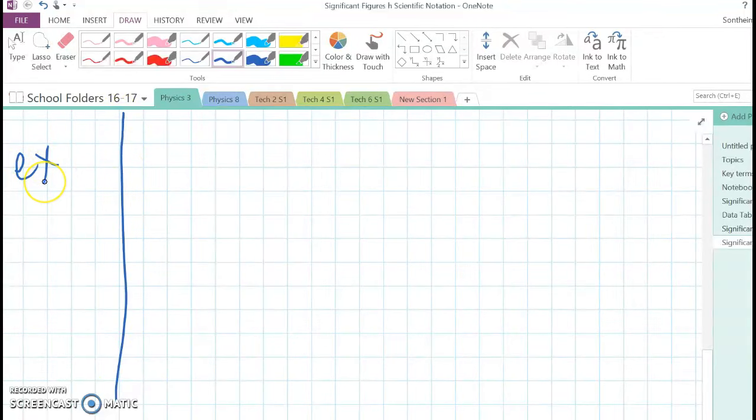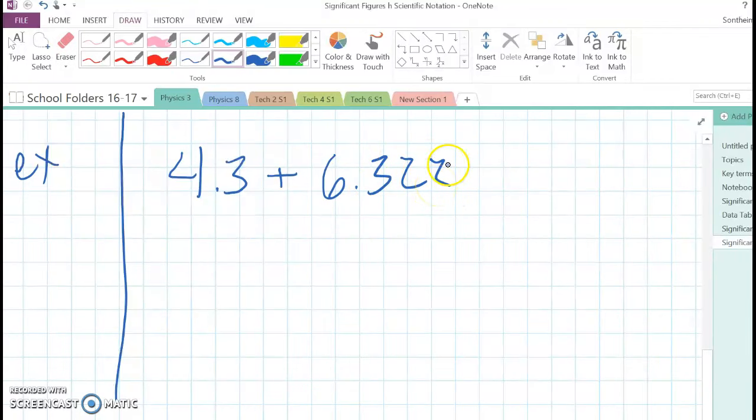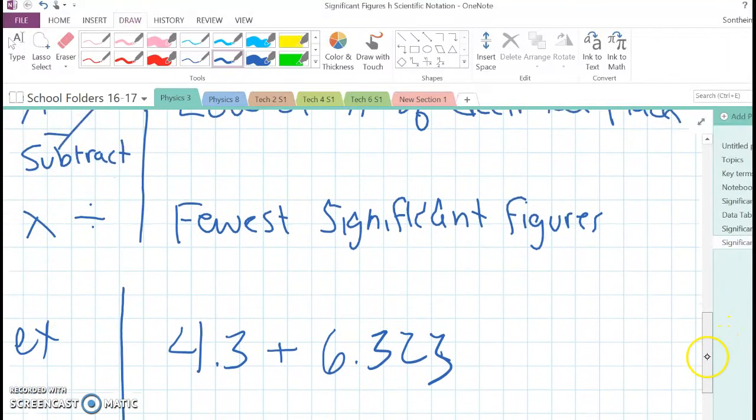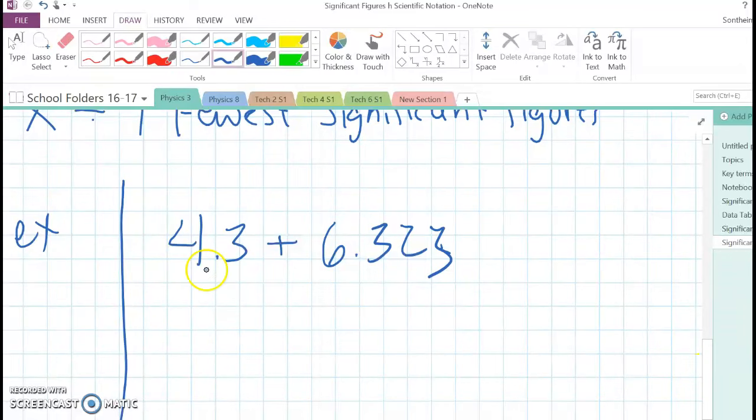If you add, say, 4.3 plus 6.323, you would still line it up, but it goes by the lowest number of decimal places. So the most amount of decimal places you can have in your answer is 1 decimal place.